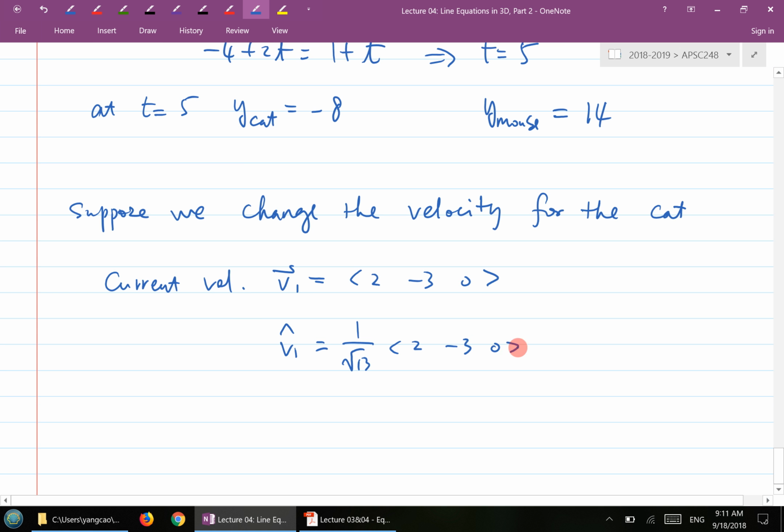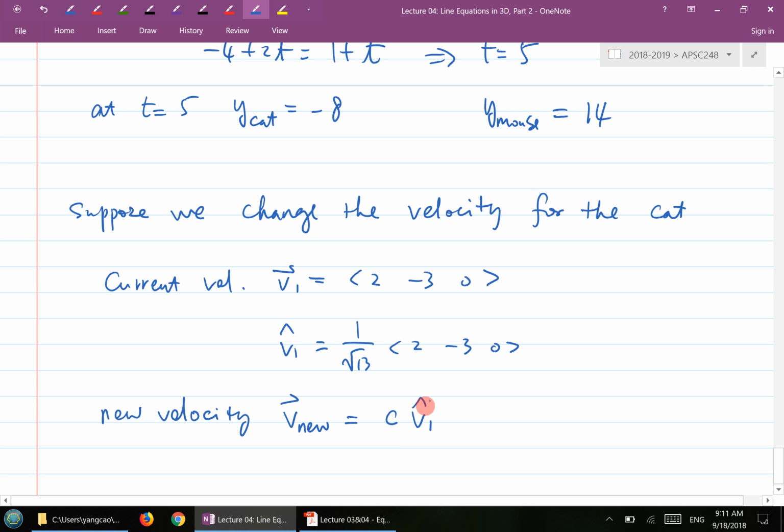Then the new velocity, let's call it v new, is basically just a scale difference, so I'll use c times v1 hat.